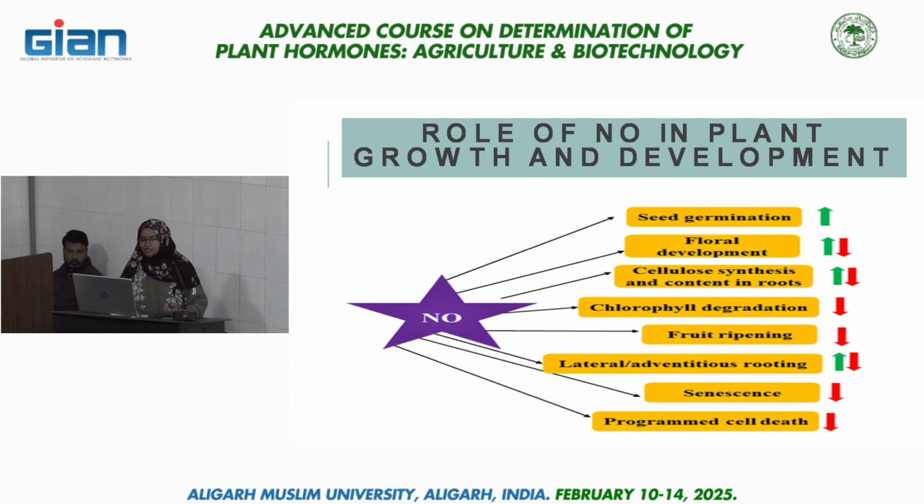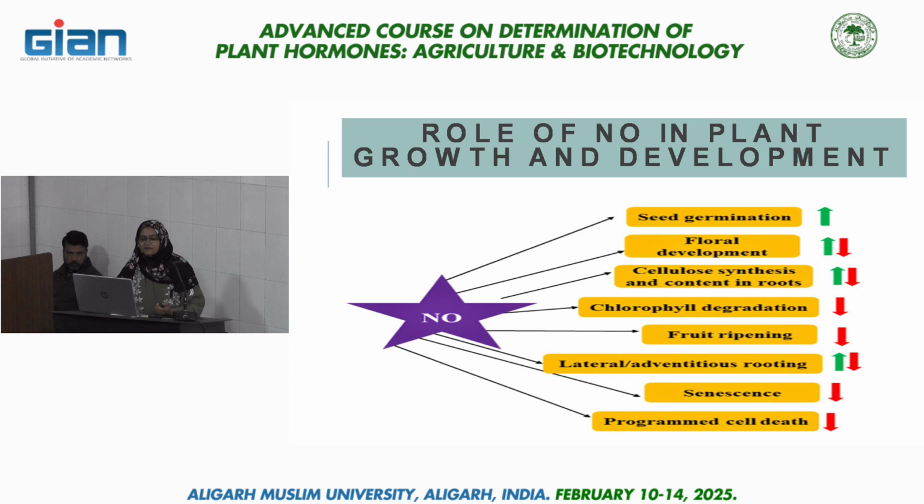NO influences root architecture by modulating lateral root formation and root elongation, interacting with auxin and cytokinin. So, you can see NO is involved in crosstalk with many hormones as well as signaling molecules. In seed germination, it crosstalks with gibberellic acid and abscisic acid, and for root development, it has crosstalk with auxin and cytokinin.